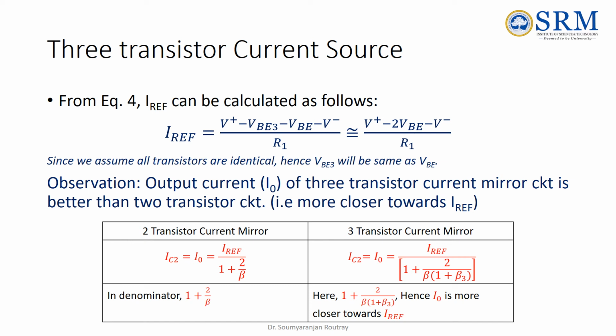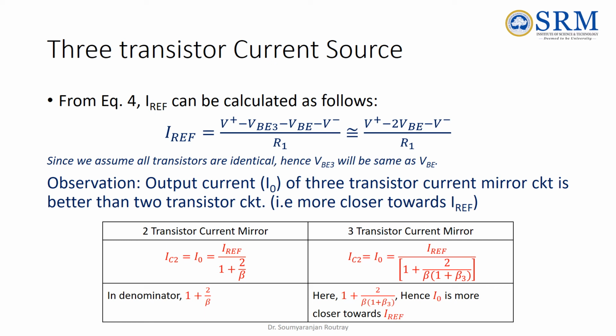You can see here I0 in the case of the 2 transistor current mirror circuit. The difference between the 2 transistor and 3 transistor current mirror circuits is only the denominator part. The denominator of the 2 transistor circuit is 1 plus 2 by beta, and in the case of 3 transistor it is 1 plus 2 by beta into 1 plus beta.